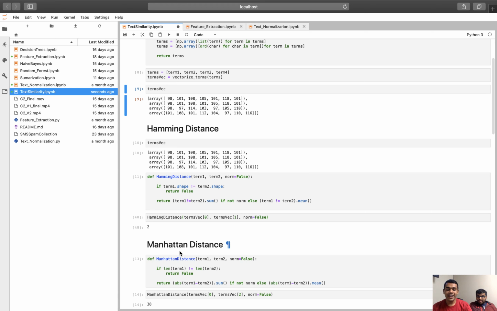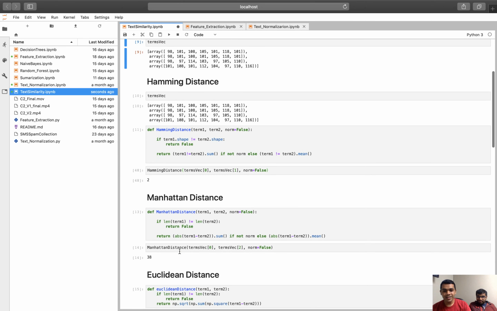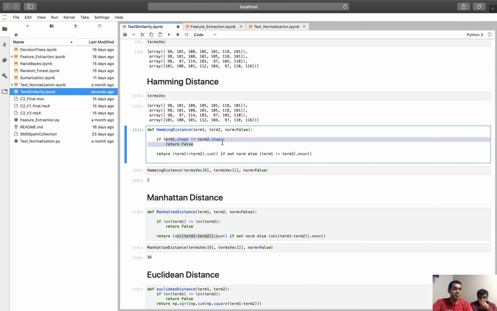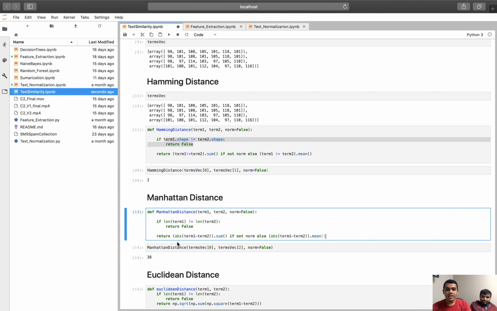When it comes to Manhattan distance, again everything is a similar measure. Here, as you can see, I'm checking the shape of my inputs. If the shapes are not equal, or if the lengths are not equal, it's not going to work out. Manhattan distance returns the absolute value, since we are taking the difference between the positions. We are taking the absolute value just to be sure, and to not cancel out the differences.